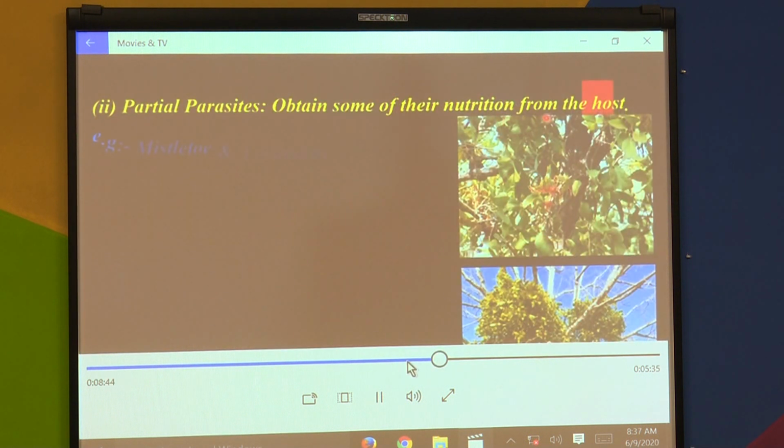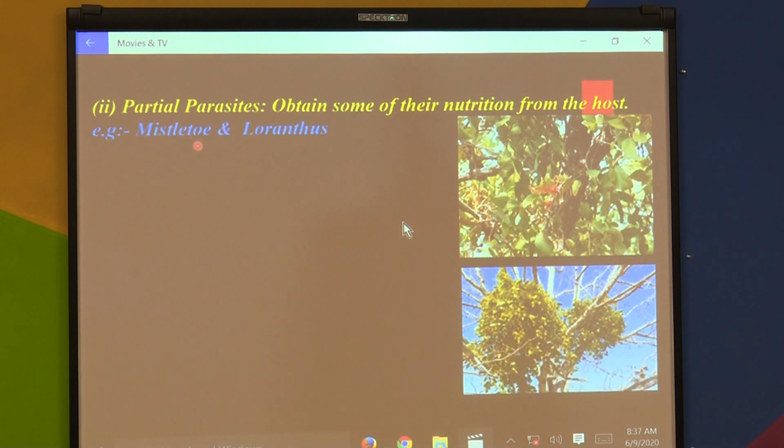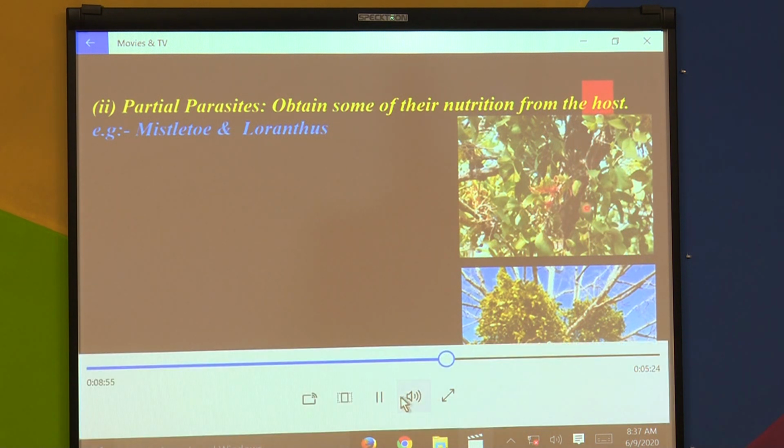Next concept is partial parasites. In partial parasites, it means these plants obtain some of their nutrition from the host.